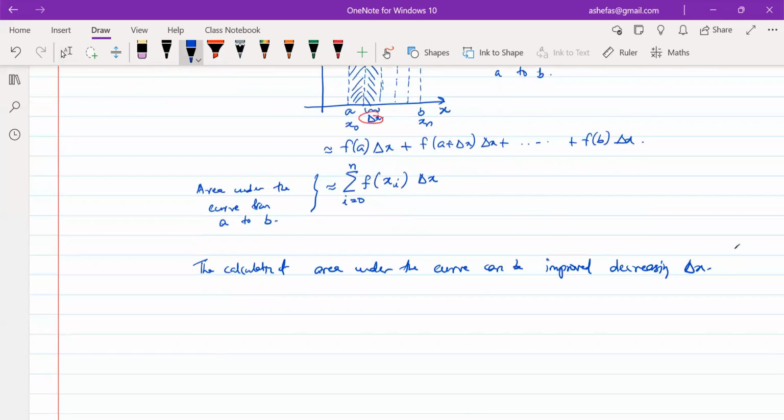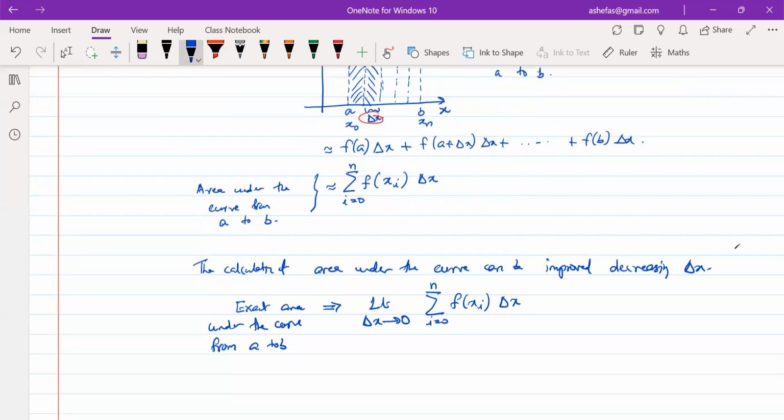Okay, so then the exact area under the curve from A to B would be the limit as delta x tends to 0 of the sum over i equal to 0 to n of f of xi delta x.